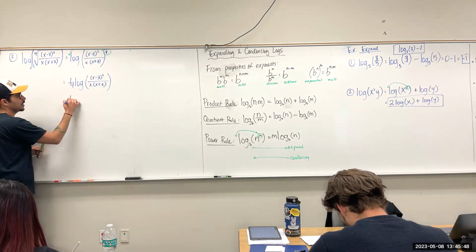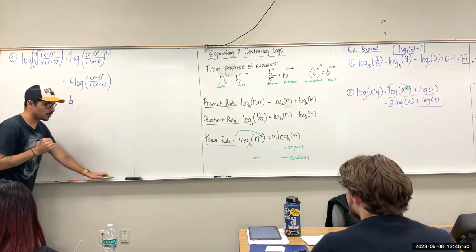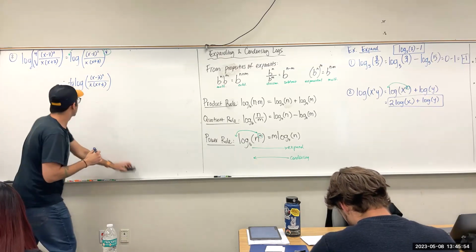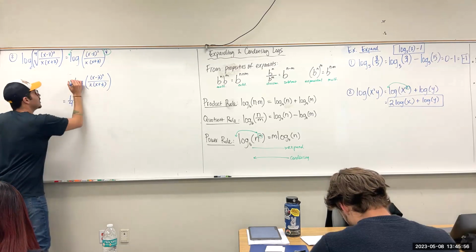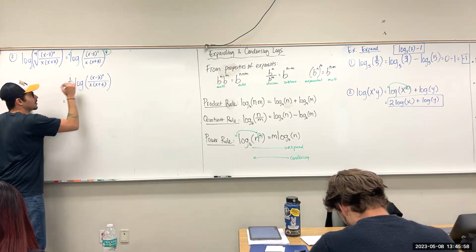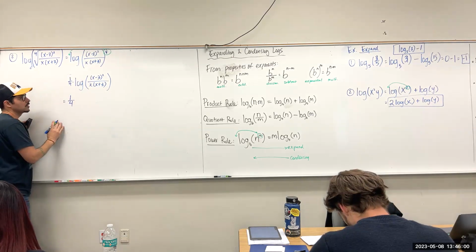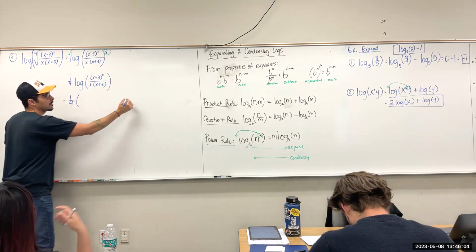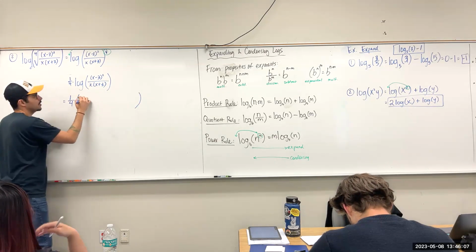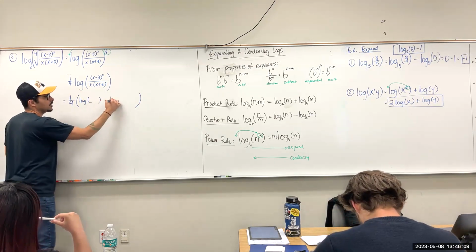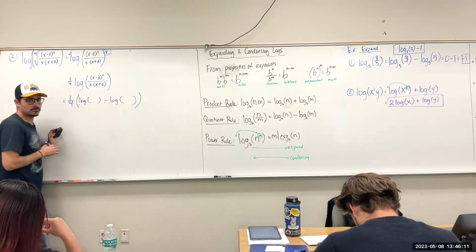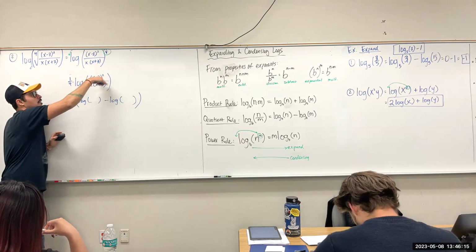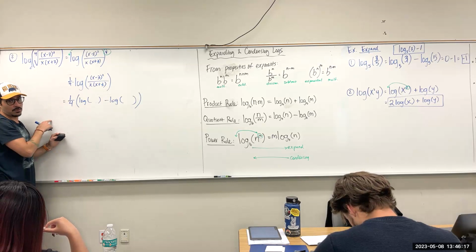Here's where you have to be careful though. This is why I wanted to show this example. Let me just do this step by step. This 1/4 is multiplying that, right? So technically this is going to be log of something here minus log of something here. But that is this part, and this part is being multiplied by 1/4.